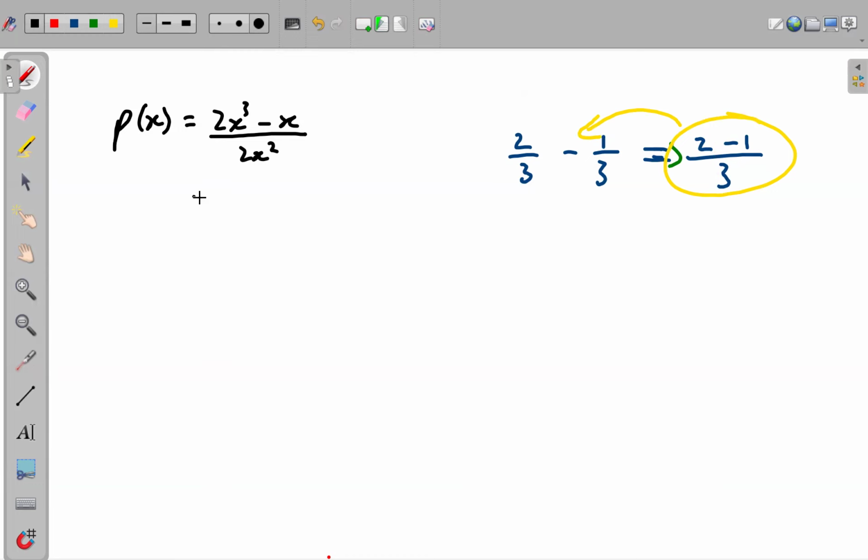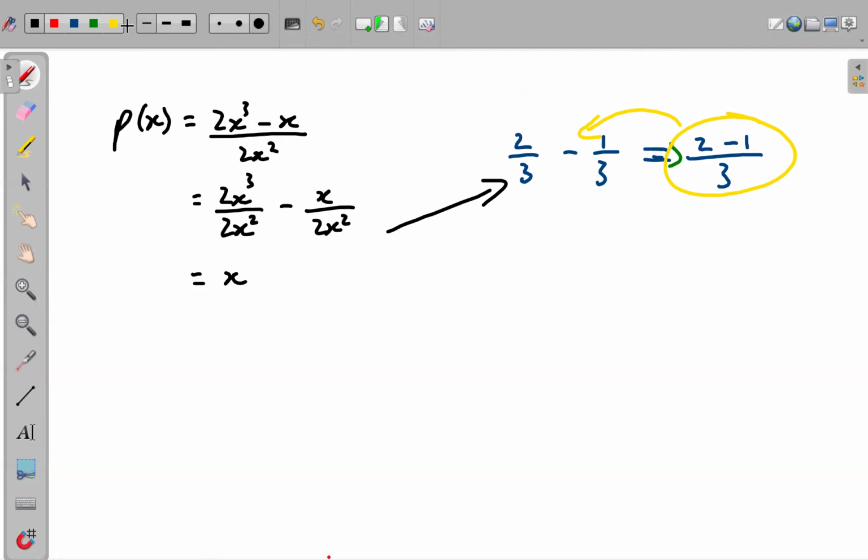So we need to see that this can be written as 2x cubed over 2x squared minus x over 2x squared. It's the same thing, not any different. And now, guess what? You can deal with this, right? 2 divides 2, x cubed divided by x squared is an x.